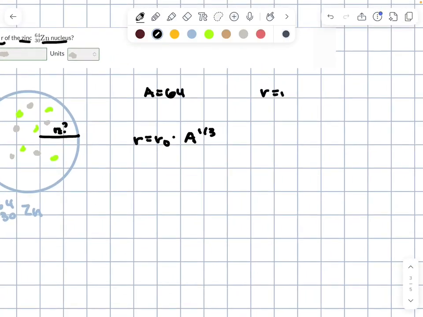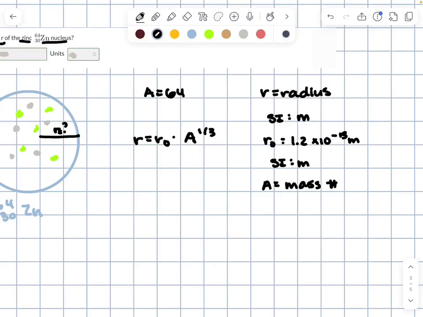Some things to define here: R is our radius, measured in meters. And R0 is the nuclear radius, and that's a constant, which is 1.2 times 10 to the negative 15 meters. So SI units are also meters. And then the last thing is the mass number. Remember, we got that by adding our protons and neutrons together. And this is dimensionless, so no SI units.